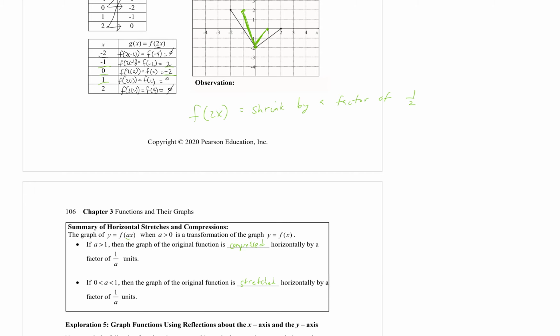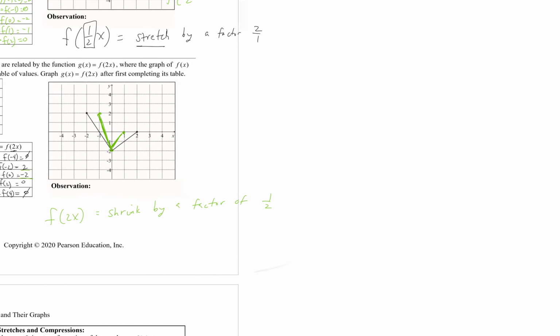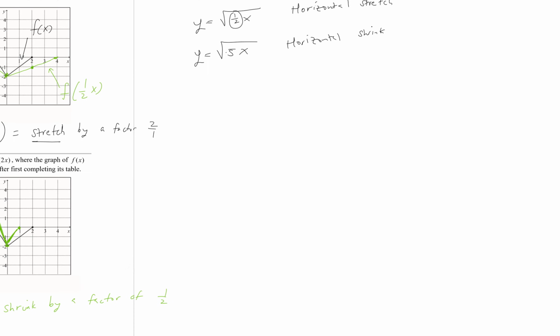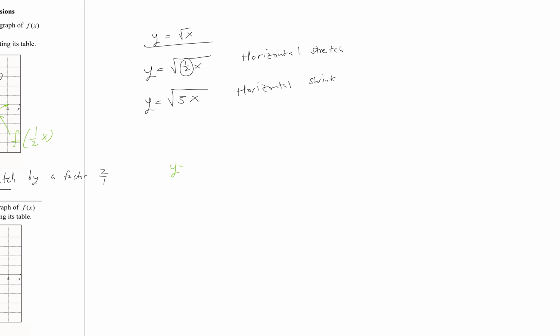Okay? So let's actually do a couple of examples. You'll see how simple this is. We already did the square root of x. Let's do another one. Not the cube root. Let's do x squared.